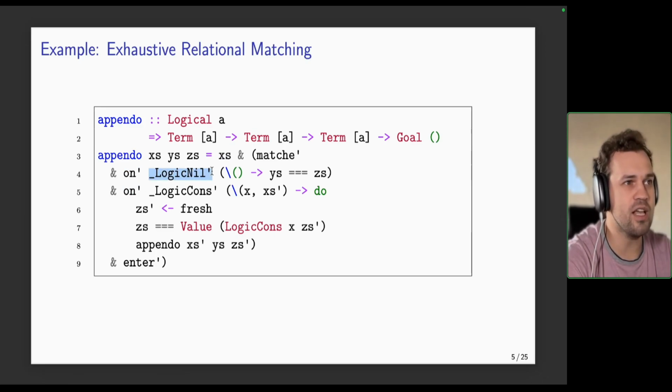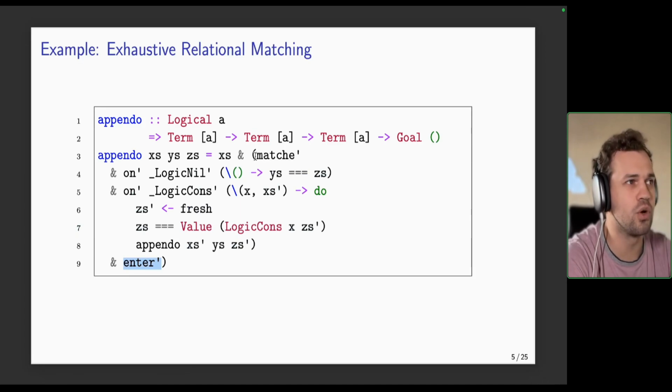So we're checking if the input list XS is empty, then YS should be equal to ZS. And if XS is a cons, and these are the components of that cons, then we introduce a fresh variable ZS prime, make sure that it's a cons, and make sure that XS prime plus YS gives us ZS prime. The final thing, enter, is just wrapped around.